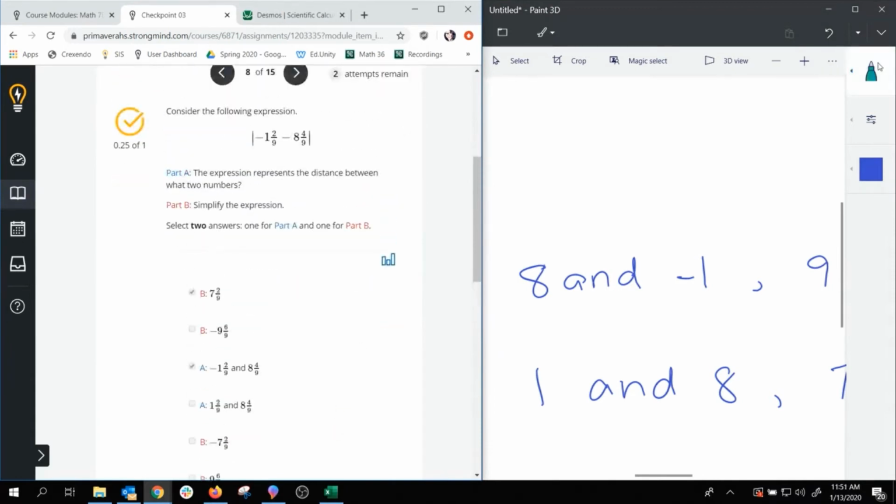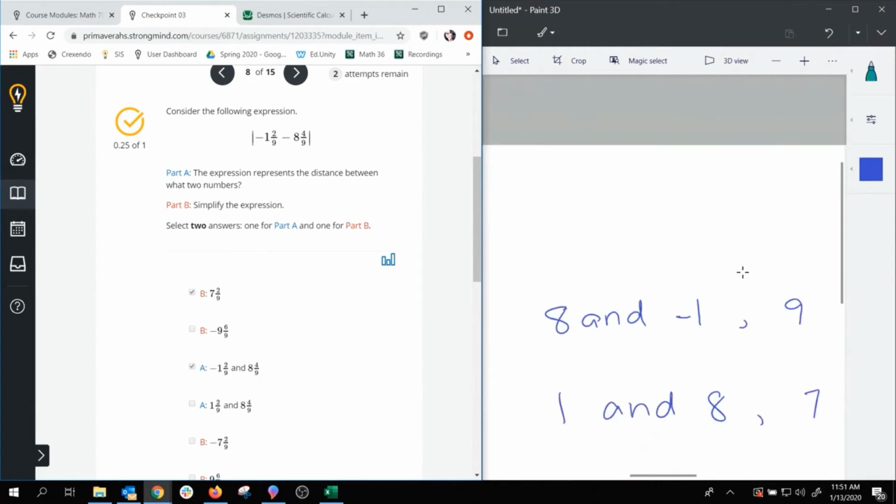Let's see. So this one kind of looks semi-similar to what we just did. It gives us this expression, and we want to know the expression represents the distance between what two numbers. So I think that one you actually have correct. So this is number 8. On number 8, leave A the same. That one's correct.